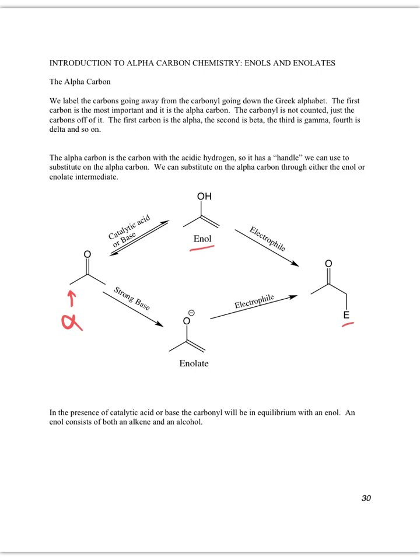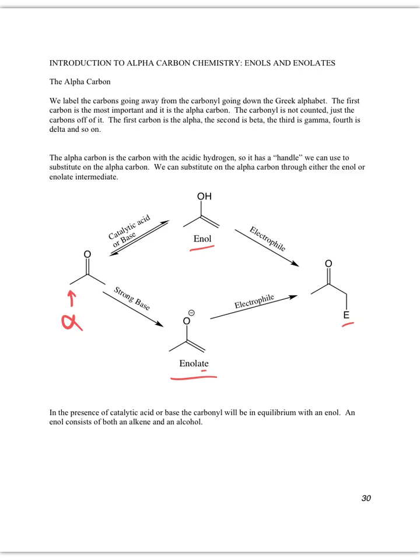The carbonyl alpha carbon can lose a hydrogen to make the enolate, because it has the negative charge on the oxygen, and then the enolate can add to an electrophile to put the electrophile on the alpha carbon. So it's all about what we can add to the alpha carbon in this chapter, and the alpha carbon is the only one we can do anything to because it's acidic.